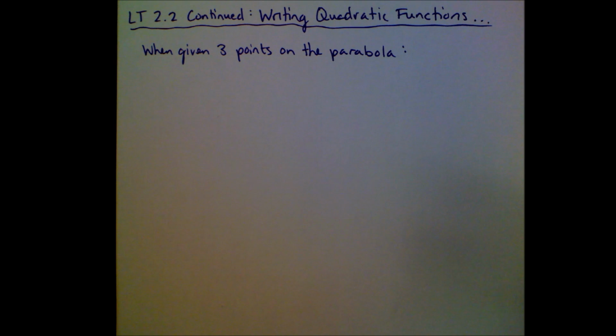Okay, so it's much harder when I don't give you one of those special points. Like yesterday I was giving you an intercept, or I was giving you the vertex. And those would be special points, like important points on the graph. Now I'm just going to give you 3 points on the parabola.